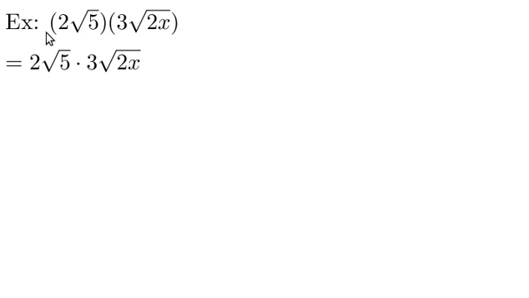So let's go ahead and combine this 2 and this 3 to make 6. But then we have this root 5 and this root 2x, and we can combine those two to make square root of 5 times 2x.